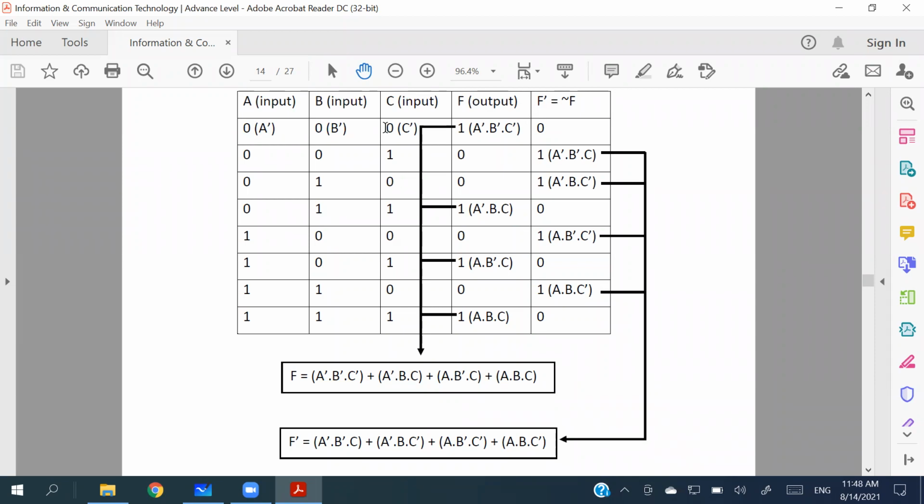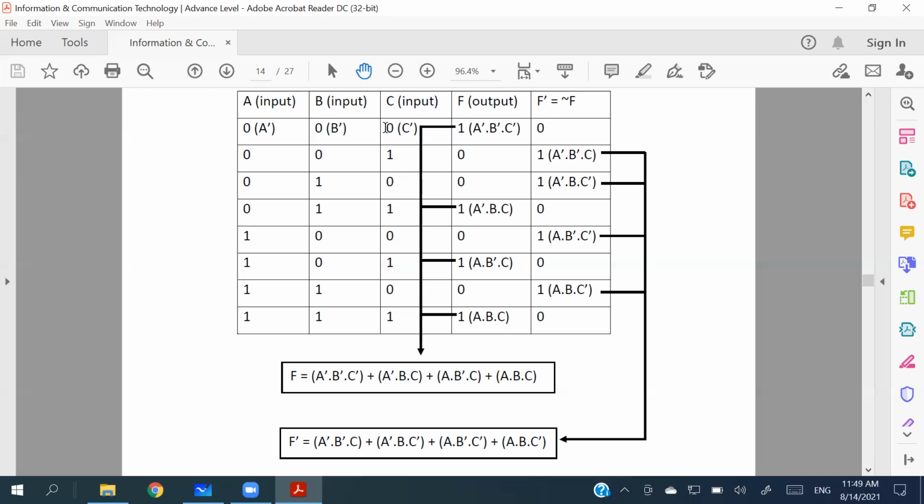right? So when you are deriving a SOP from a truth table, 0 indicates the complemented state of a variable. That is very important. 0 indicates the complemented state of a variable. That means if your variable is A, 0 indicates A bar or A dash.